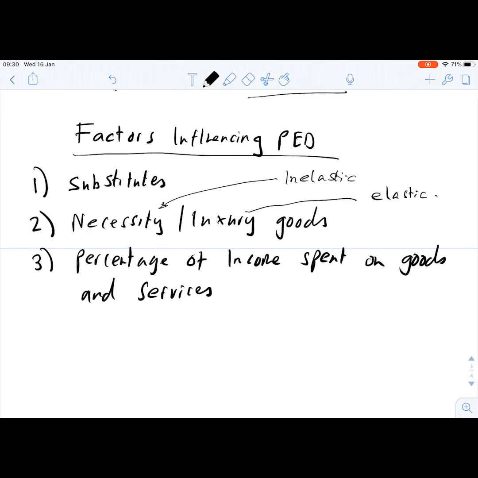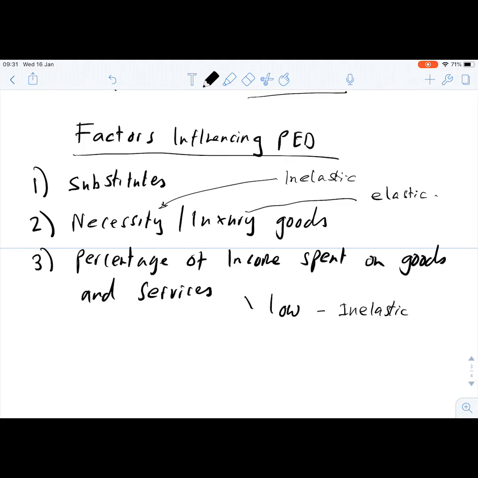Also, the percentage of income spent on goods and services. If it's very low, like a bottle of water, and the price of the bottle of water increases, then the quantity demanded will not change that much, so it will be inelastic. But if the product is a Ferrari sports car and there's an increase in price, then the demand will be very responsive, because it's already an expensive product to buy.